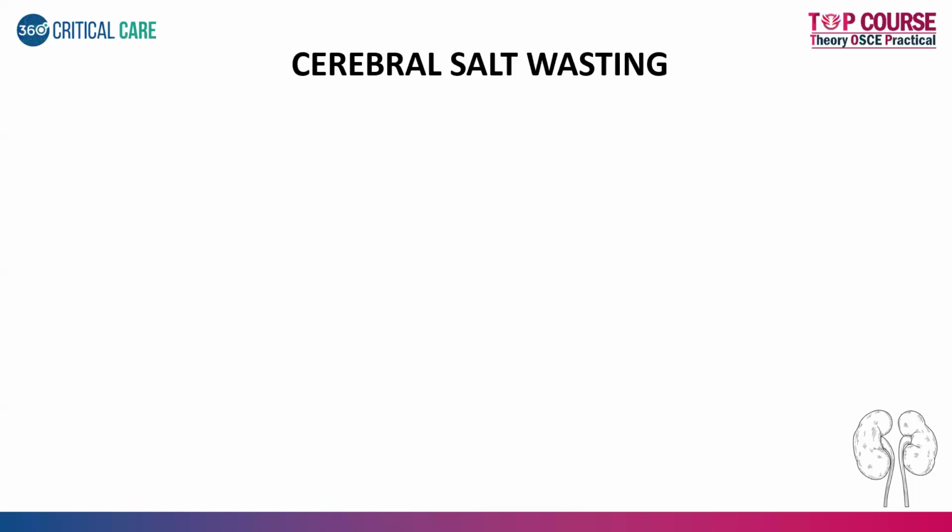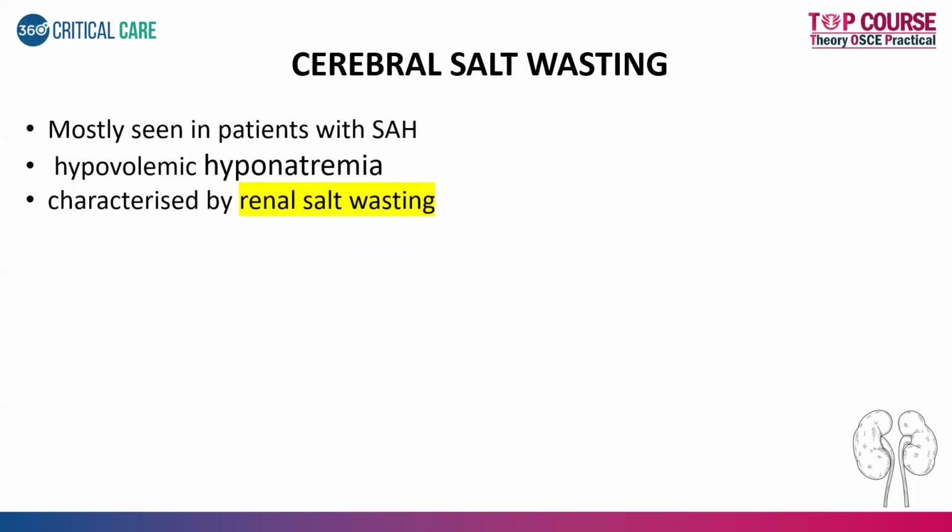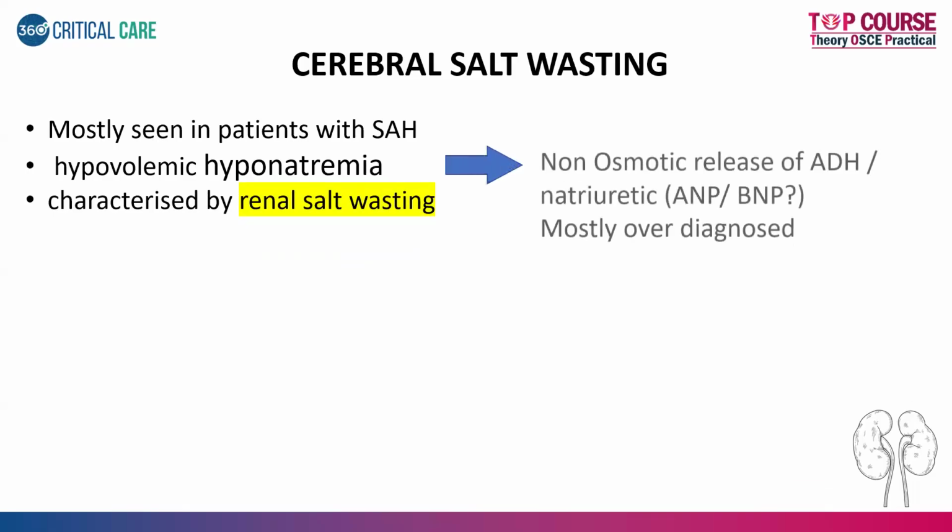Coming to the next cause of hypovolemic hyponatremia, that is cerebral salt wasting. I guess all of us are aware of this condition, especially with patients with neurological diseases, right? It is usually seen in patients with subarachnoid hemorrhages and is associated with hypovolemic hyponatremia. It is characterized by renal salt wasting.